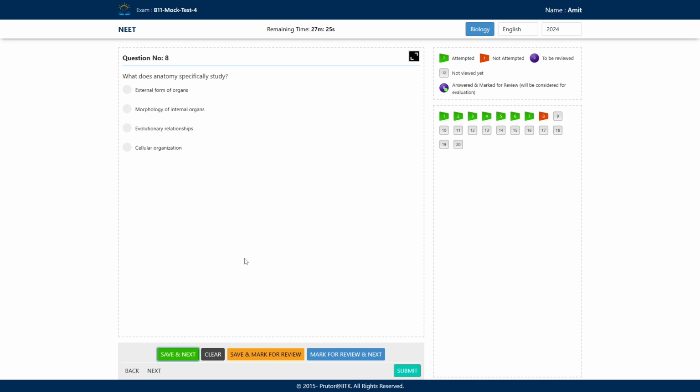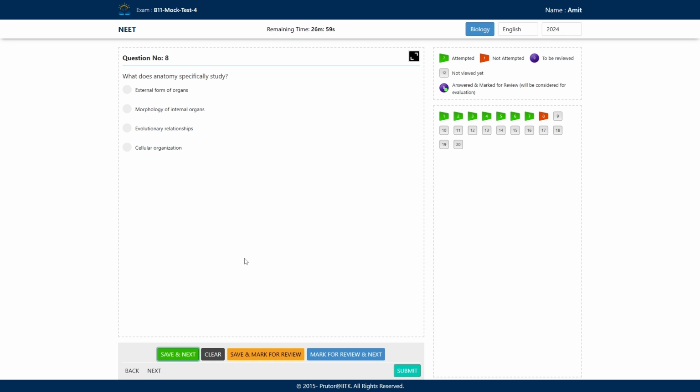External form of organ, external form is the morphology. You are studying the external morphology of flowering plants and animals. But when you study the morphology of internal organs, you are studying the internal structures, cells, and tissues that you see inside the organism.